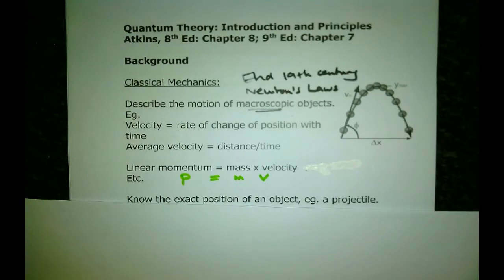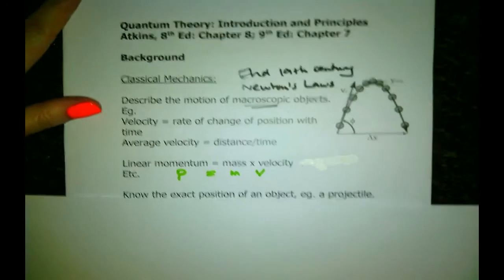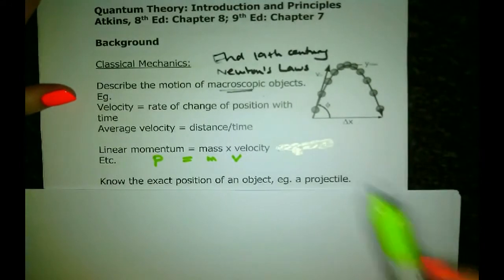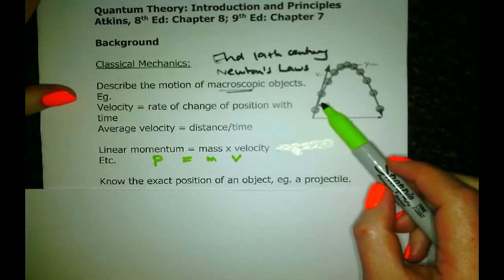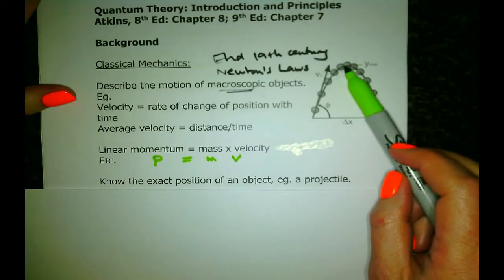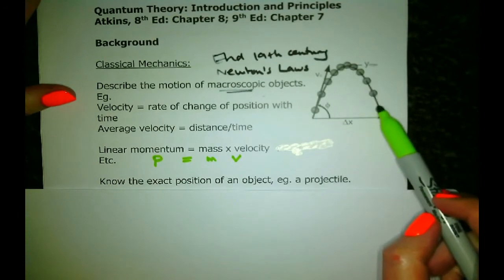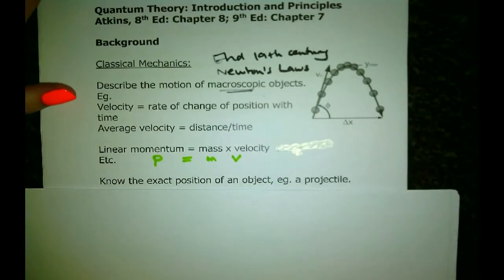So using classical mechanics, we know the exact position of an object. For example, if you throw a ball in the air, you can calculate at a specific time the exact position of the ball.